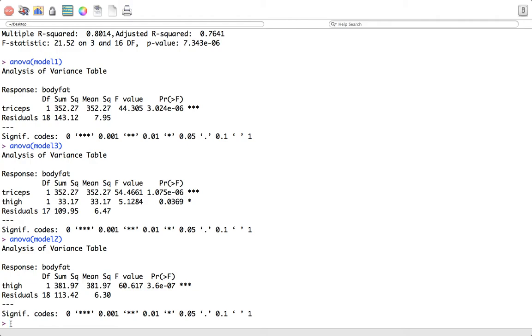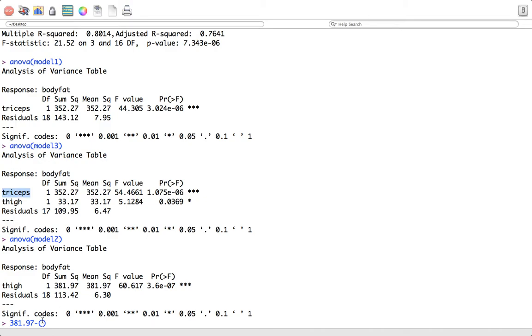Now the sum of squares regression for, okay, let me think this through. So this gives me the sum of squares for when x2 is in the model, and I want to see the difference when x1 is added. So what I'm going to do here is take 381.97, and then I'm going to subtract out the sum of squares regression when we add x1 to the model, which would be right back here.